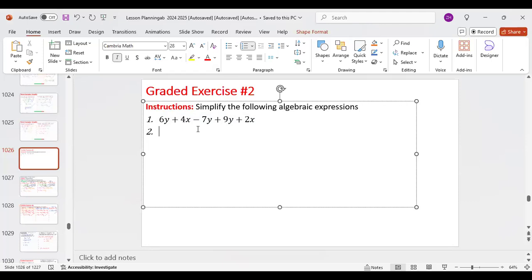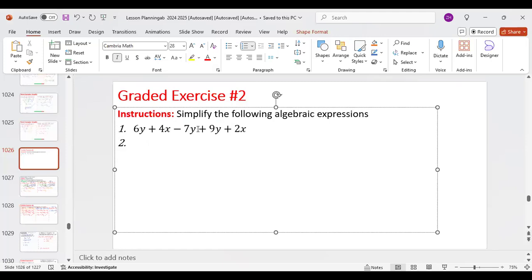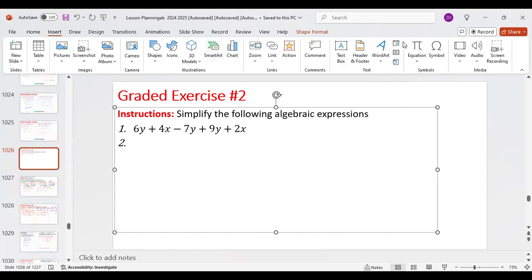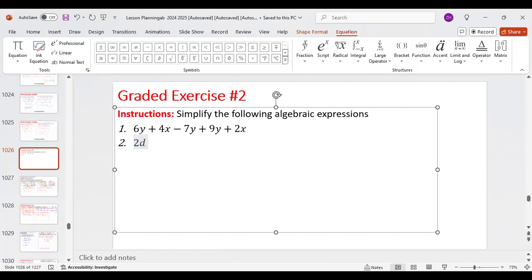Okay, next we have 2d. Sorry, let me put this in. Let me insert this. Next is going to be 2d plus 3e minus 3d plus 6d plus e.